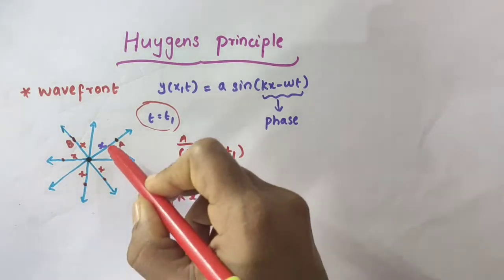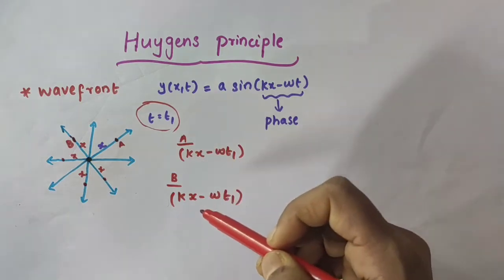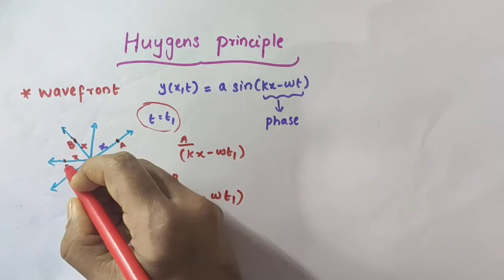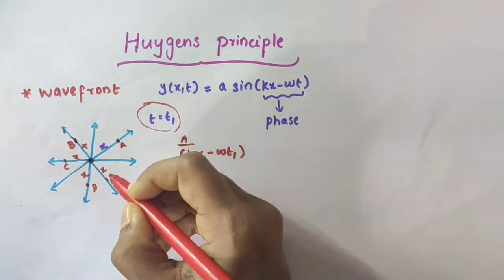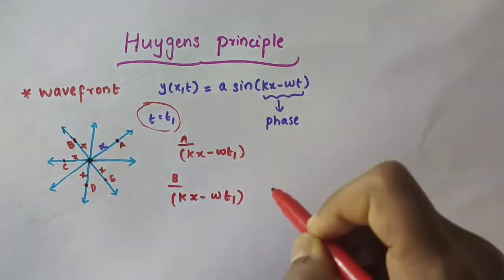That is, all these points are in the same phase. So we can say that all these points A, B, C, D, E, etc. are in phase.